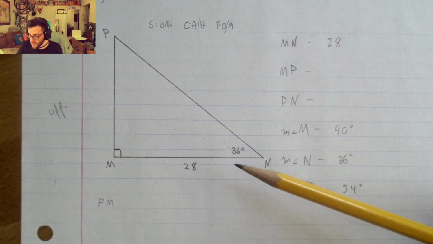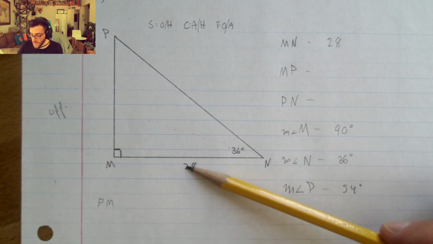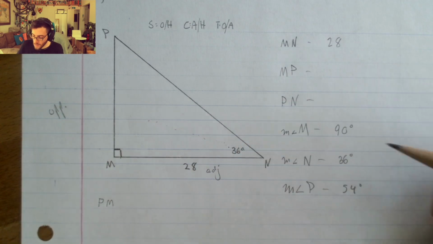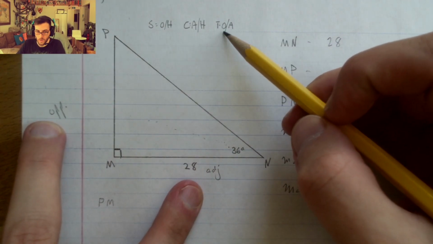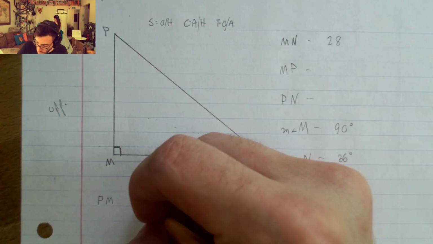If we have a known theta angle, opposite side, and what we would call our adjacent side, we would use the tangent system to solve for PM.